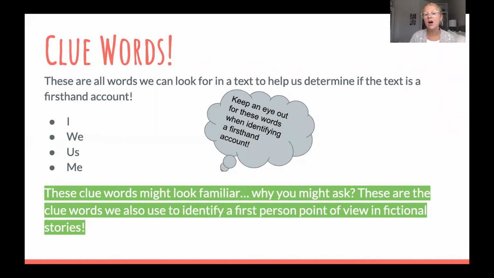And keep an eye out for these words when identifying a first-hand account. So if we're looking to see if a text is a first-hand account or a second-hand account, I want you guys to keep your eyes peeled for these clue words. Again, the clue words are I, we, us, and me.